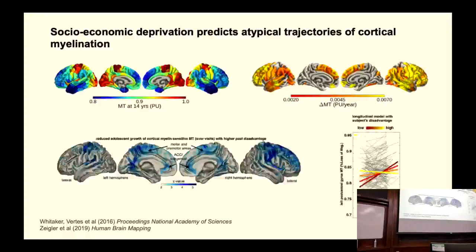But what's interesting is when you look at the within-individual rates of change in cortical myelination during adolescence, stratified by socioeconomic status as a proxy for early life adversity and social deprivation, you can see there are differential rates of intracortical myelination in this frontostriatal system, depending on whether people were born and brought up in low or high SES backgrounds.